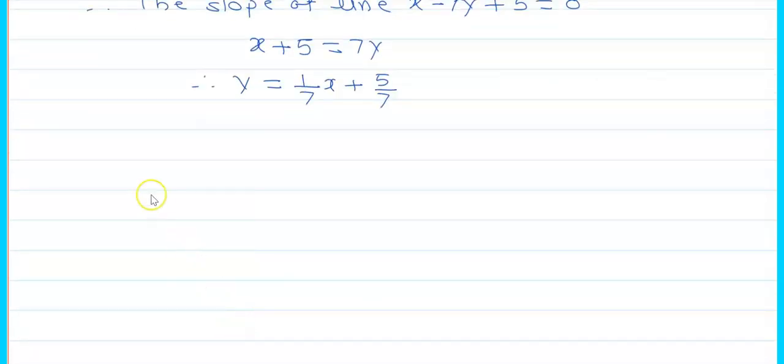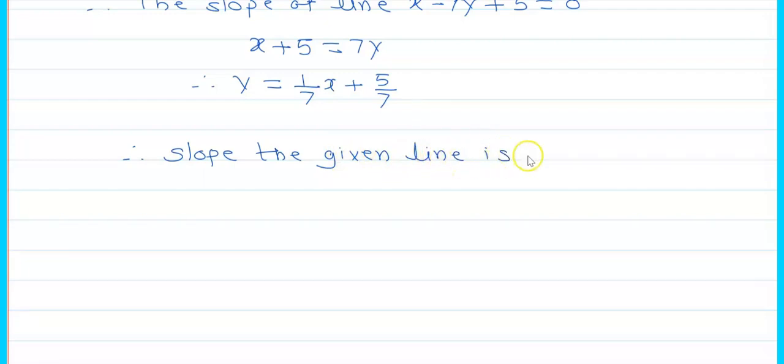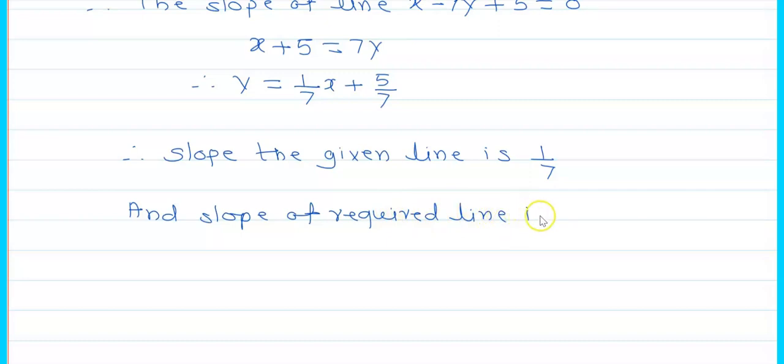Therefore the slope of the given line is 1 upon 7, and the slope of the required line is minus the reciprocal of this, that is minus 1 upon 1 upon 7, and that equals minus 7. Therefore m equals minus 7.